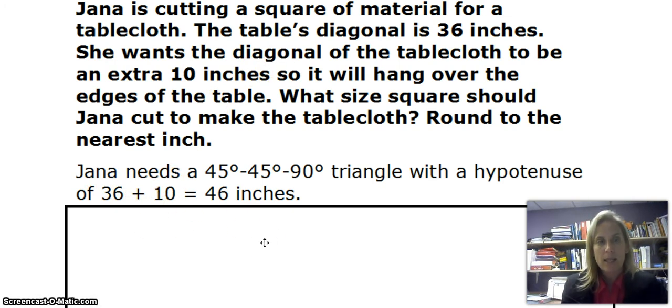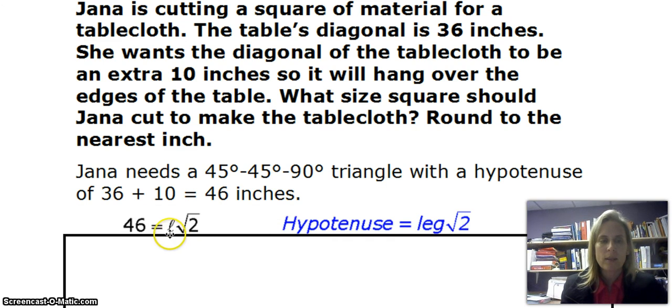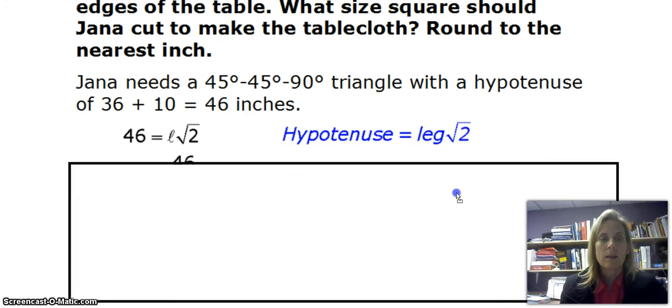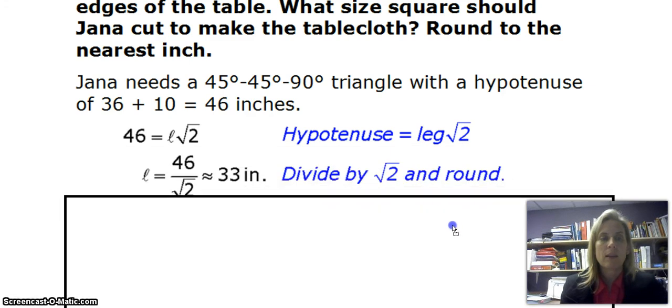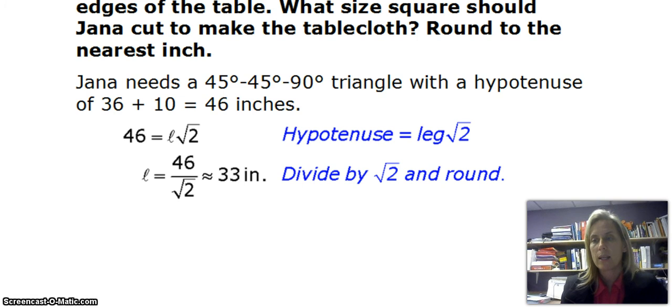We know that. So what size square should she cut? We have this hypotenuse of 46. Let's find what one side would equal. Therefore, we have 46 equals a side times square root of 2. Solving again, just as we've done before, divide both sides. And when you divide and round that, we get approximately 33 inches.